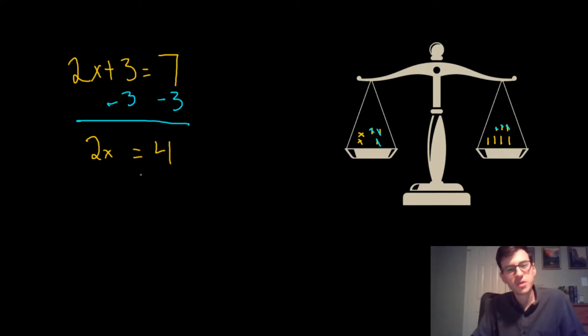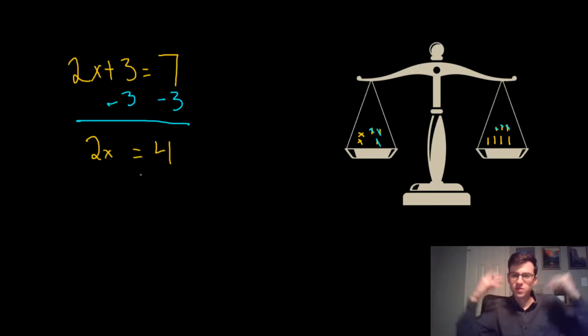Okay, now this one's a little bit trickier to understand, but we need to think about it less rigidly and more fluidly. Just let your brain think. Here, I have two x's, so if I want to figure out what one x is, I need to cut them in half, right? I need to divide this side into 2.